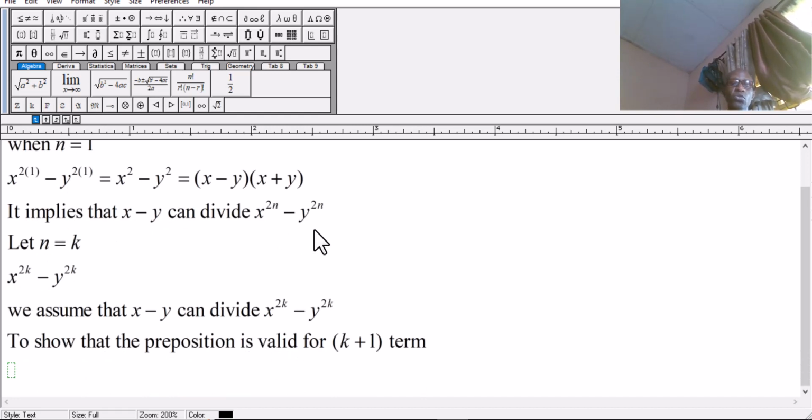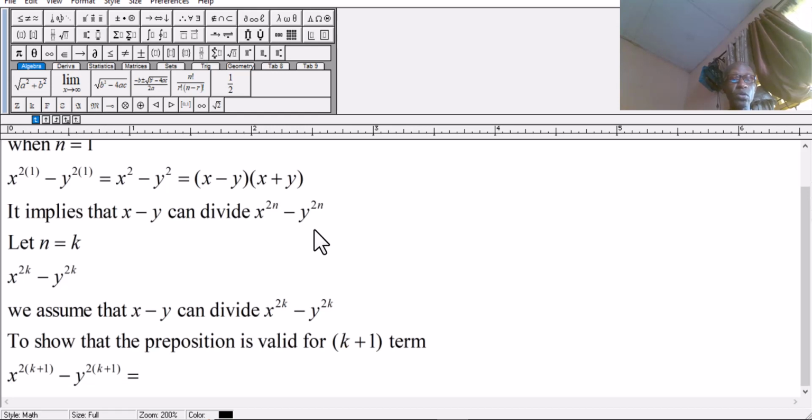So the next thing is x raised to 2 into k plus 1 minus y raised to 2 into k plus 1.